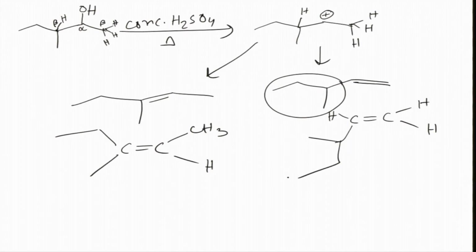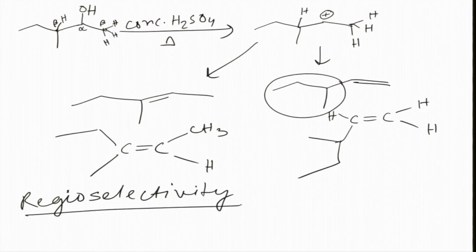Okay. Now, which one will be the major product here? In this case, stereoselectivity does not occur. In this case, the phenomenon that occurs is called regioselectivity. Okay. Now, stereoselectivity was the phenomenon in which one stereoisomer of the product was formed more than the other stereoisomer.